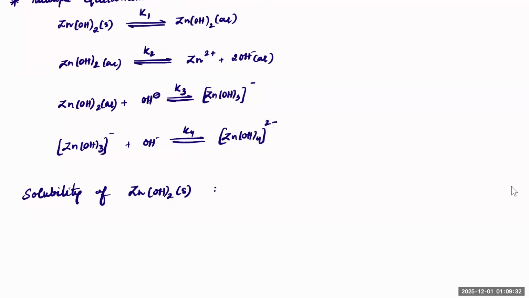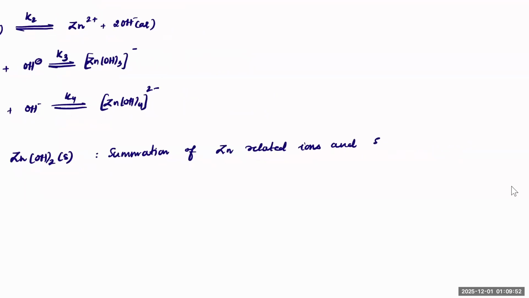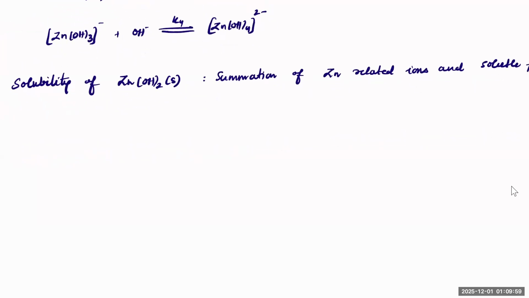So I can say that the solubility of zinc hydroxide is the summation of all the zinc-related soluble forms. What are the soluble forms here?